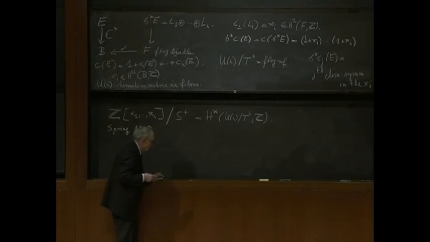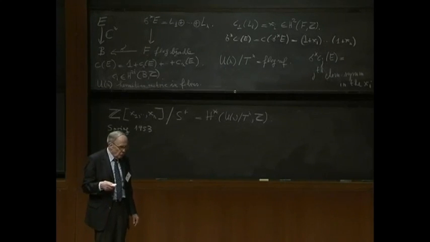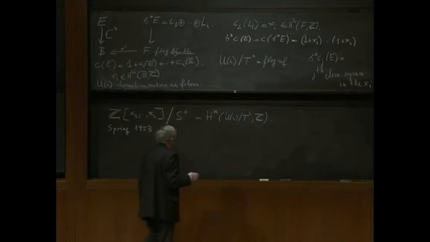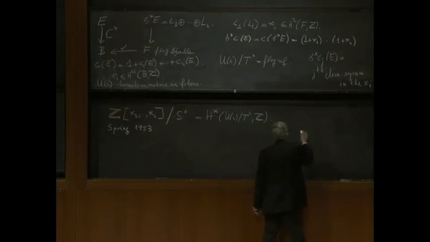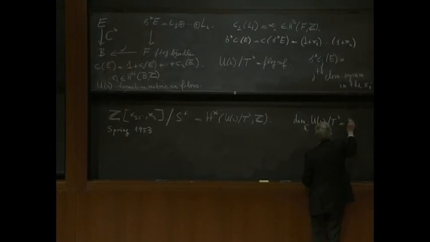And this vector bundle has, of course, as dimension the dimension of the flag manifold, which is n times n minus 1 over 2. The complex dimension of this flag manifold is n times n minus 1 over 2.